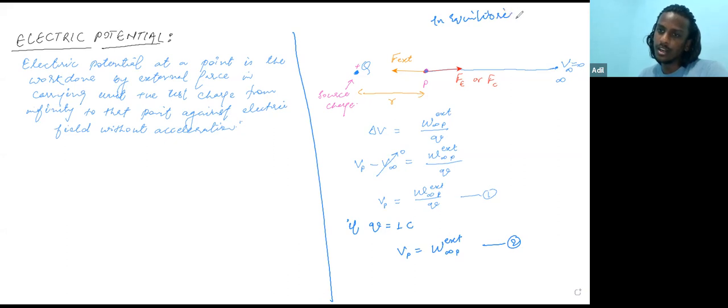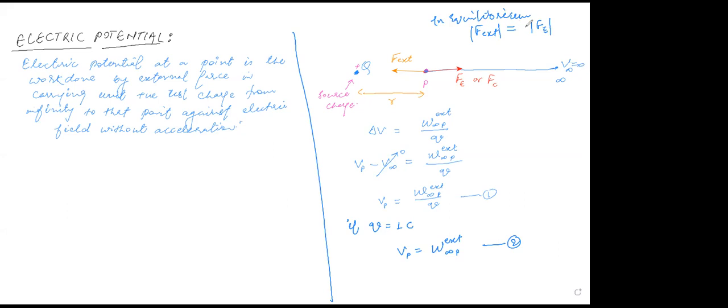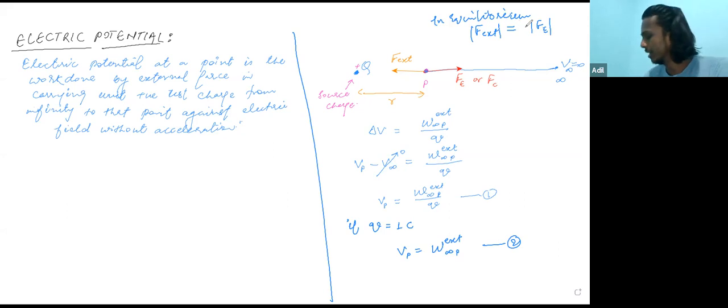If your charge is in equilibrium, then remember that your F external must be equal in magnitude to F electric. Are you clear or not? Yes, sir. This is the most important condition here. Have you noted it? Yes, sir.